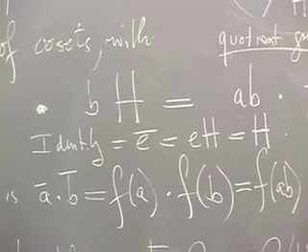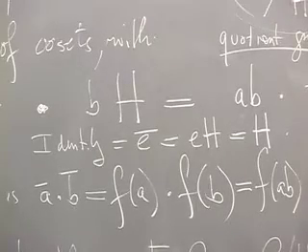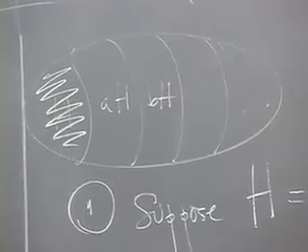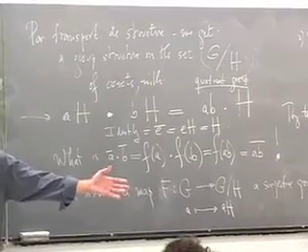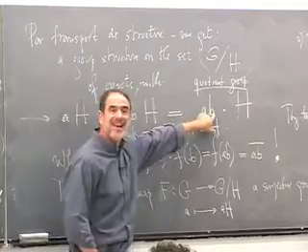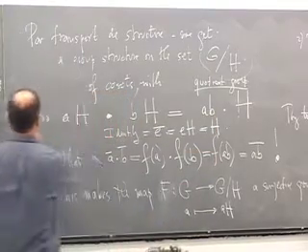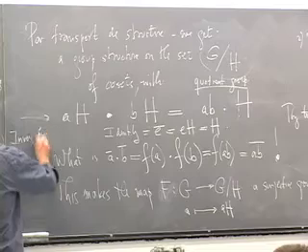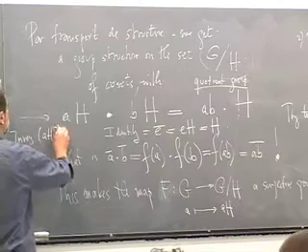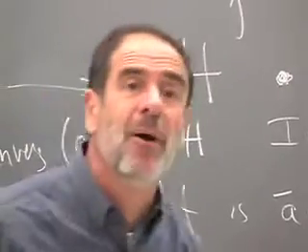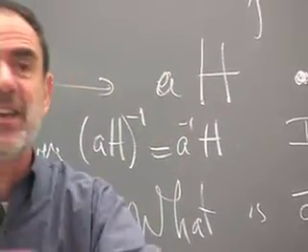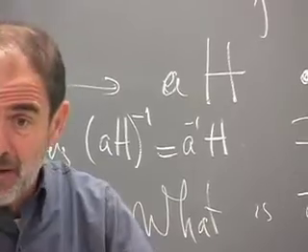So this becomes the identity element in the quotient group. How about the inverse element? What's the inverse of the coset aH? What could it be? The coset of a inverse, because a times a inverse is the identity element. So the inverse of aH is a inverse H. But those are all details. First you have to have a multiplication law before you get the identity and the inverse and associativity and this and that and the other thing.